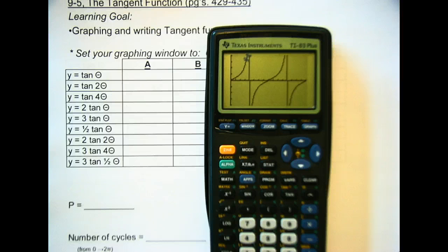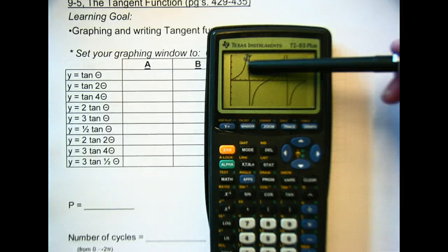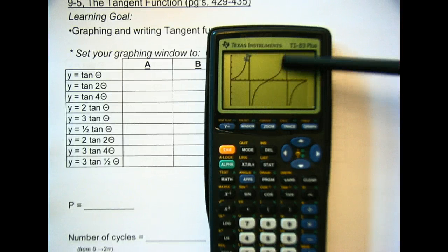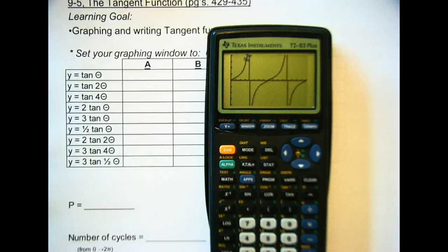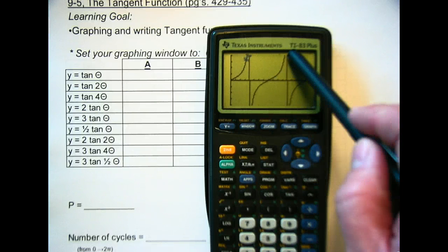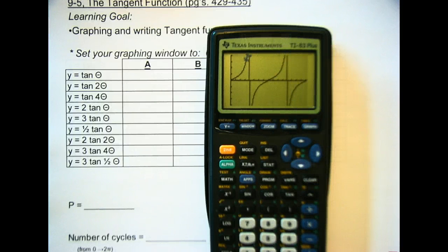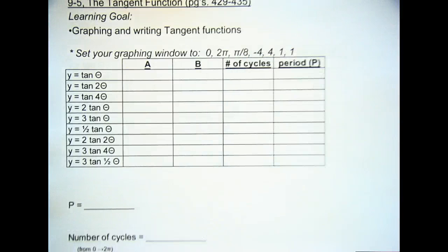On the 83, you get these straight lines. Those are asymptotes. You shouldn't graph those. Those should be dotted lines on our graph when we graph later. That's an asymptote, and that's an asymptote. Those of you who have an 84, you don't see those, and that's okay. Just note that they're asymptotes.